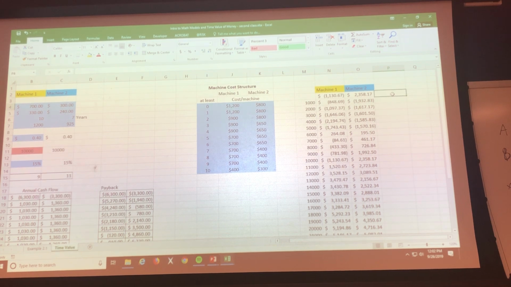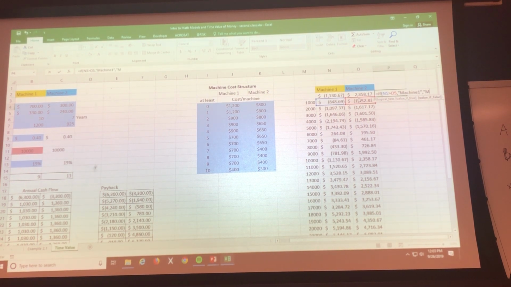You don't have to do this part if you don't want to, but I'm gonna set up a little IF statement to make it a little easier for me to decipher. I'm gonna check to see if the NPV for machine 1 is greater than the NPV for machine 2, just on that one row. Because if it is, then I wanna type text, and you have to put text in quotation marks. I wanna type the text machine 1.